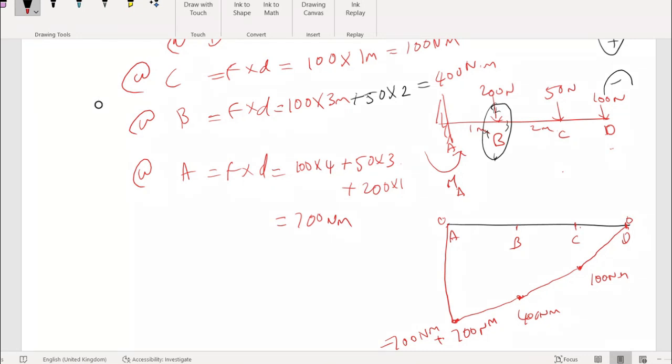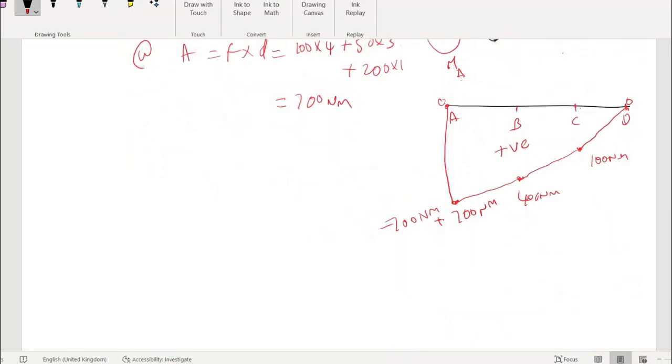I repeat, because of the fixed end, there will be a fixed end moment, right? This moment is equal and opposite to the moment caused throughout the member with the given loading. So if you put 700, it will reach 0 here. That's why you're reaching 0. Your diagram is closed at A. This is how you do it, and this is positive, all positive. Okay, you end up with all positive. Clear?